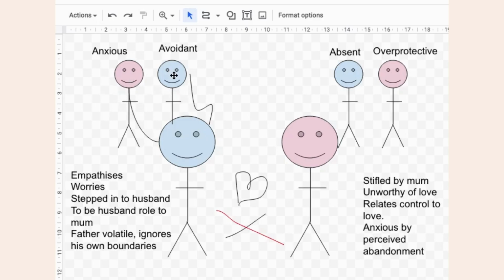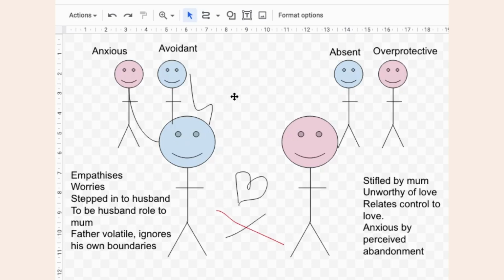So because he has unhealed trauma, George will start to re-display all of the behaviours that he used to do with mum, okay? So he will then step in, he'll start playing that husband role for Georgia. He will ignore his own boundaries, he will ignore some volatility, and he will empathize and worry a lot because that's what he's used to doing.